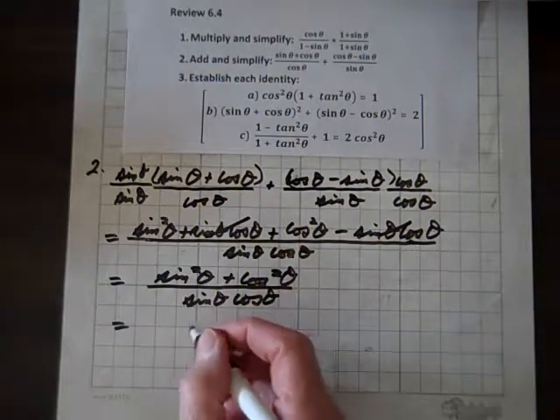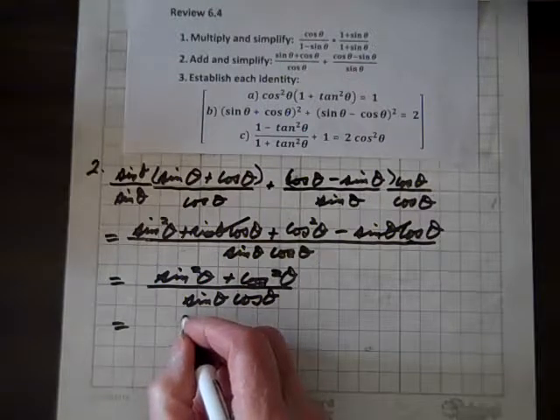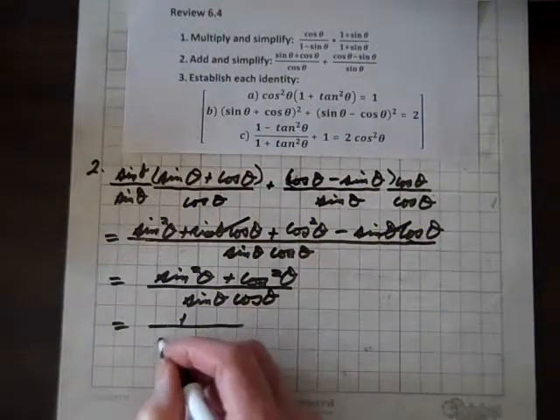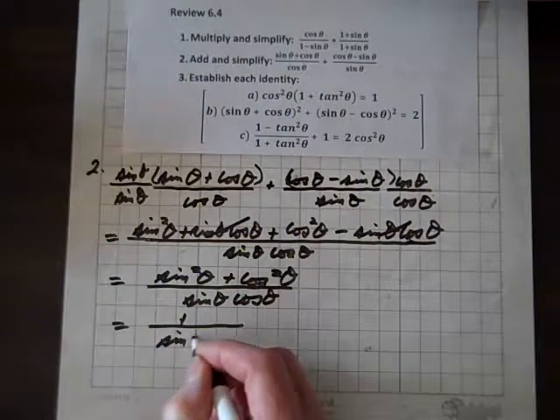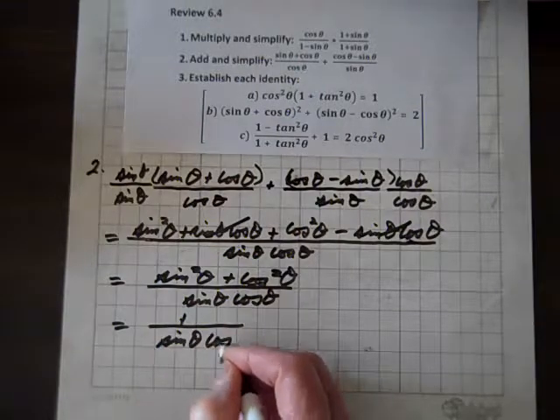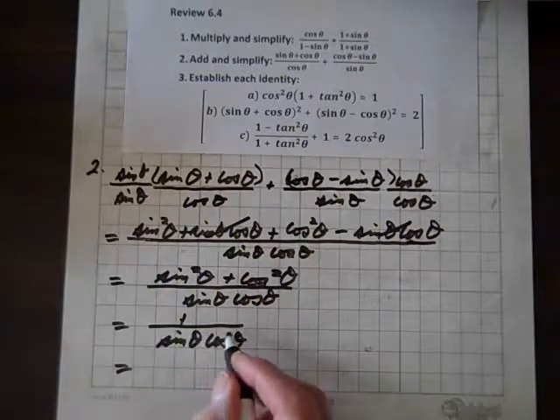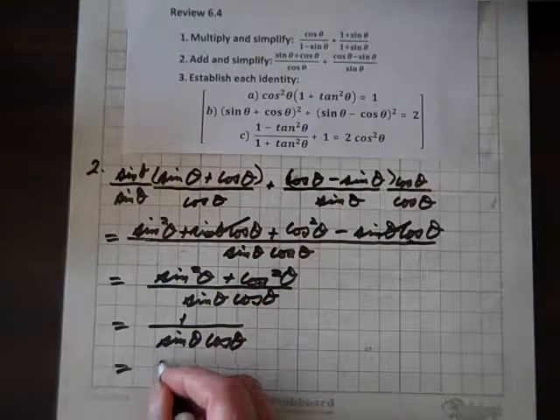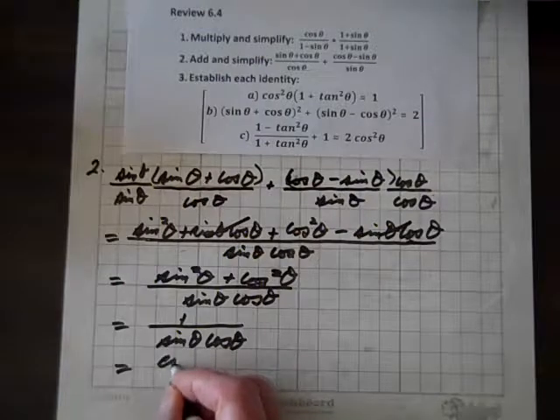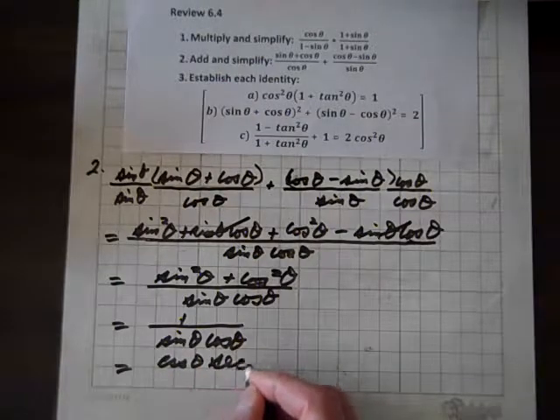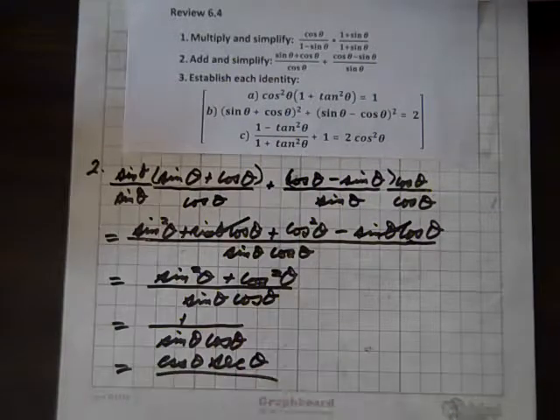The sum of sine squared plus cosine squared theta is 1. And here we have sine theta cos theta in the denominator, but replacing them with their reciprocals, we get cosecant theta times secant theta, and we're done.